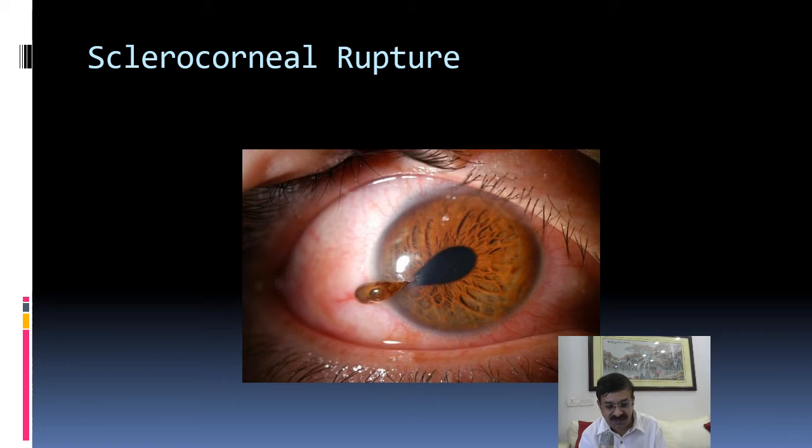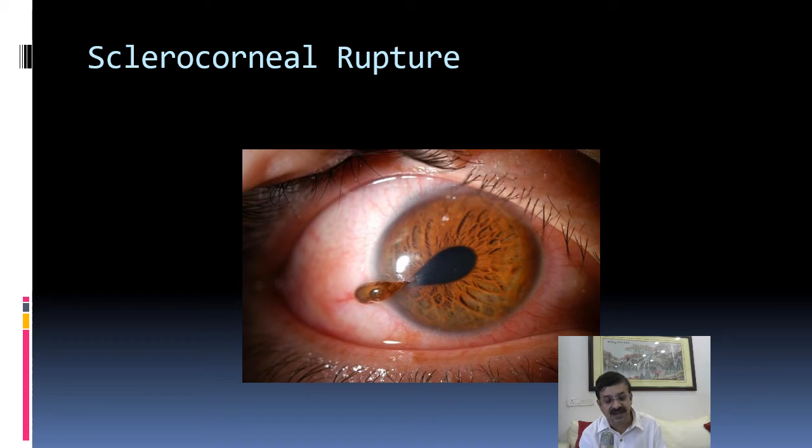Here in the picture you can see that there is a sclerocorneal rupture, and through this rupture a part of the iris has come out, and the part of the iris is incarcerated in the wound. A typical management of this case depends on the time when the patient presents to you. If he presents immediately, then after copious irrigation of the iris, you can replace the iris inside and sew the wound up with 10-0 nylon sutures.